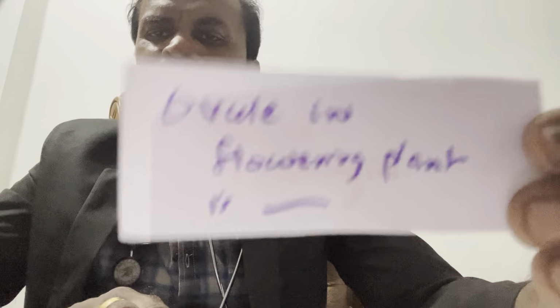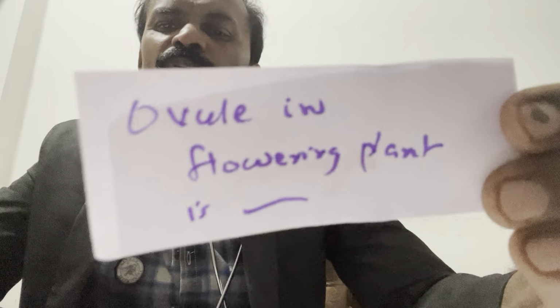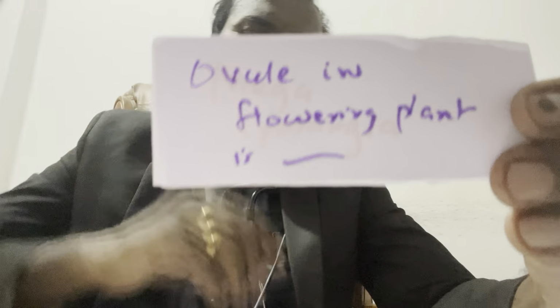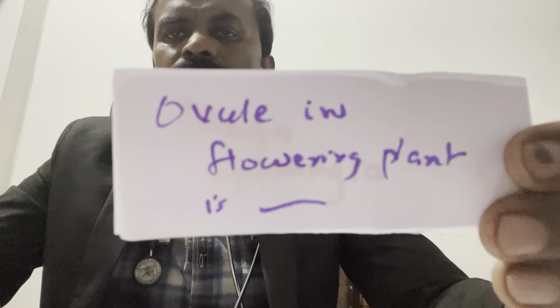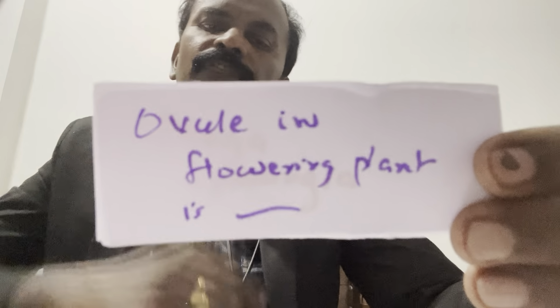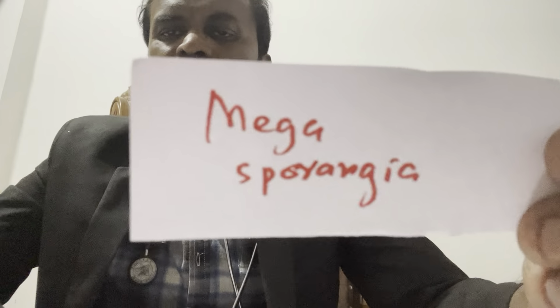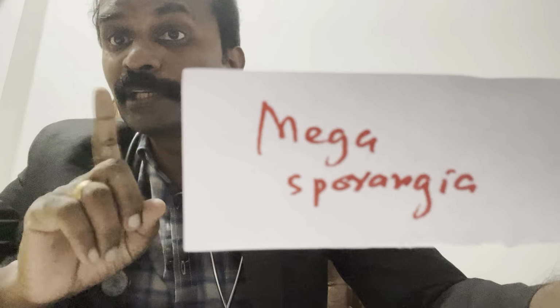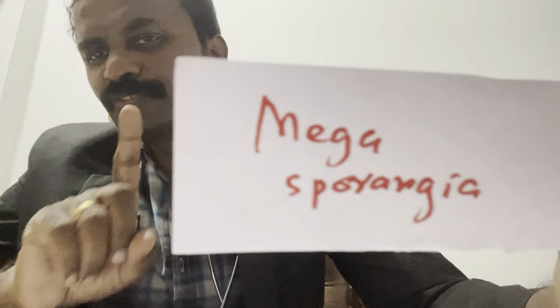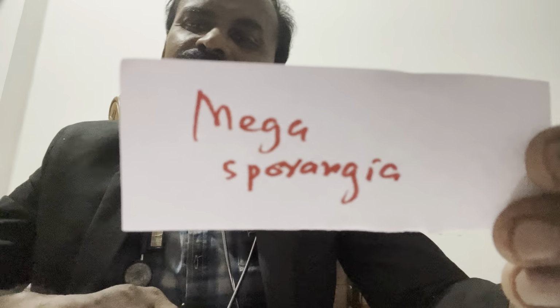Ovule in a flowering plant. I discussed this question in the beginning of the video. Ovule in a flowering plant is called megasporangia, not micro. Mega. They will confuse you with micro. What is the question?